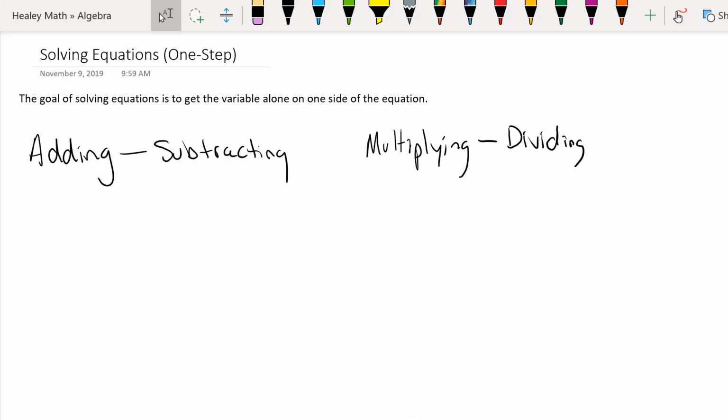The most important thing to remember in solving a linear equation is that whatever you do to one side of the equation, you must do to the other side.